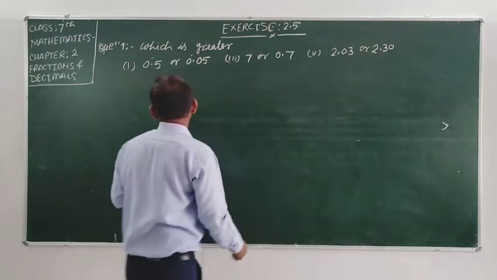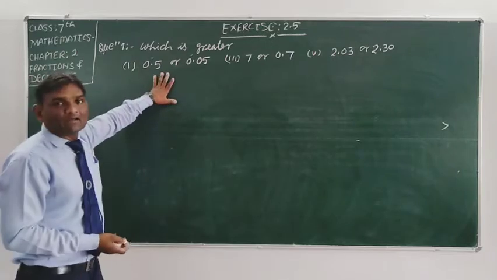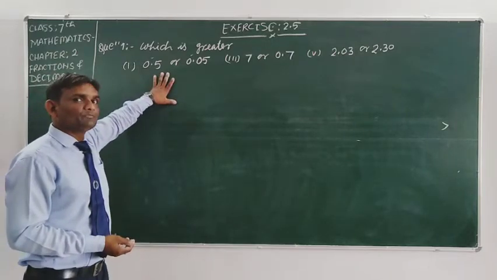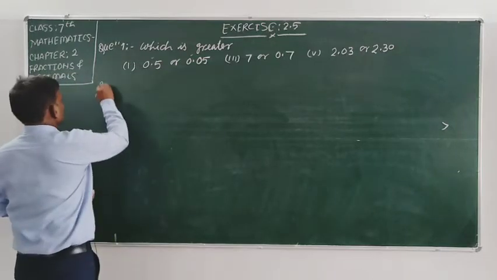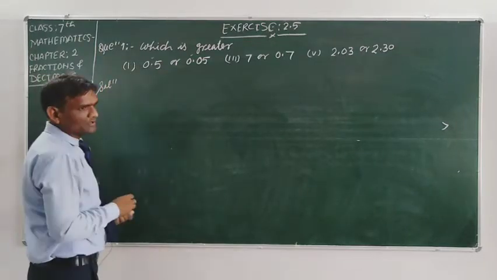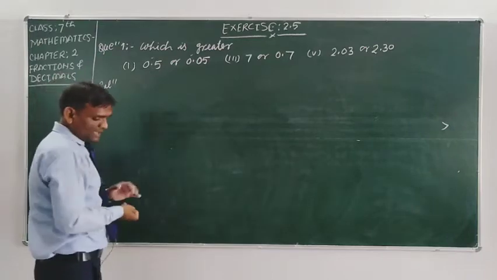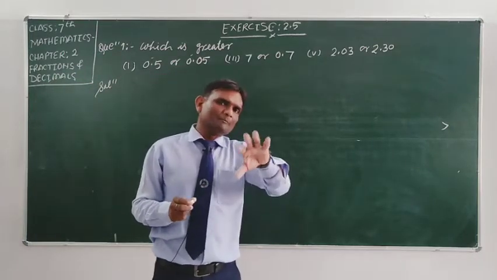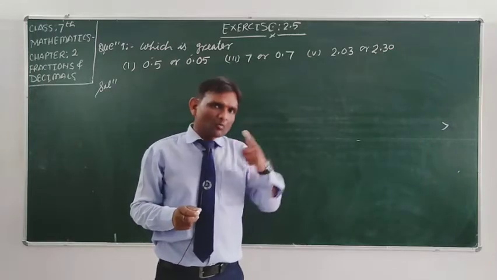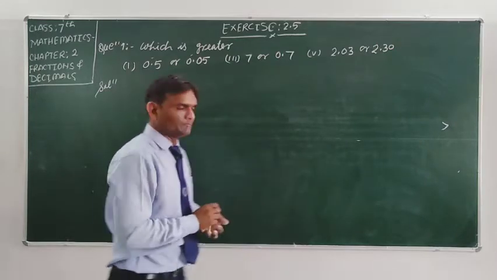So student, how can we compare two given decimal numbers to tell which is greater and which is smaller? If we talk about the solution of this question, according to whole numbers we compare the decimal numbers also, student. One by one digit we compare here.